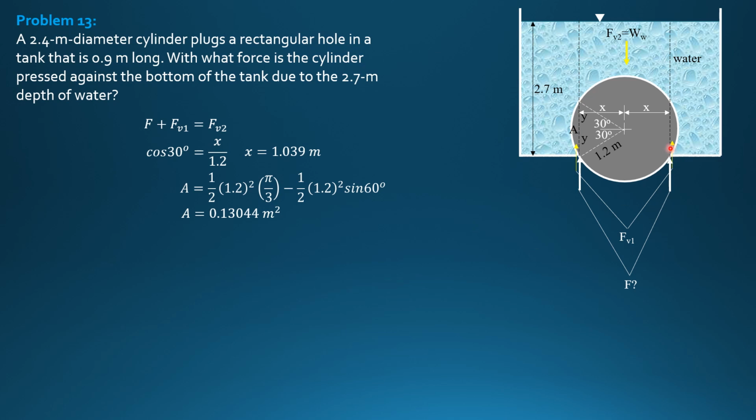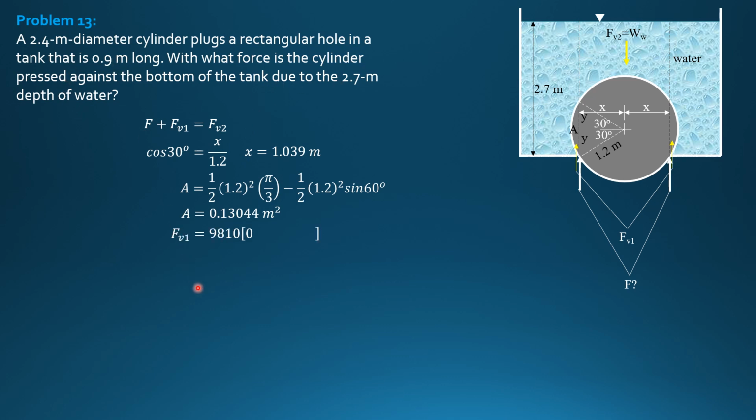So double that area because we have the same area here. Then FV1 is specific weight of water times volume. The volume is simply area times length perpendicular to the screen, which is 0.9.